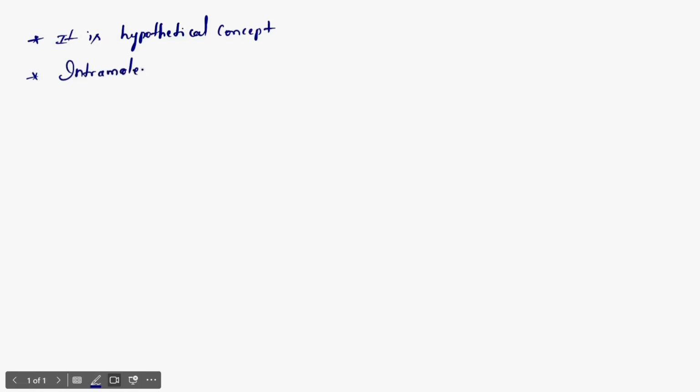Next one is, resonance structures are imaginary, whereas resonance hybrid is real.